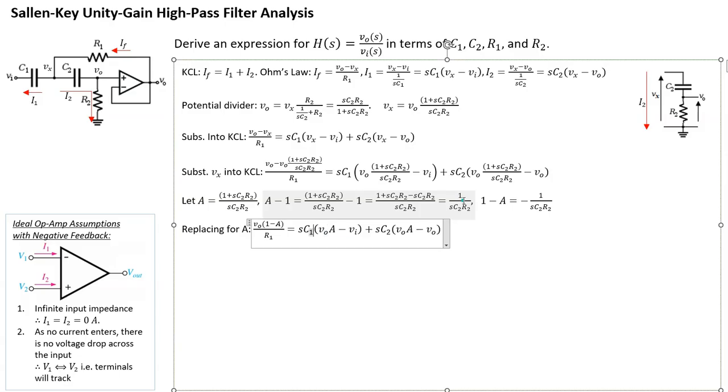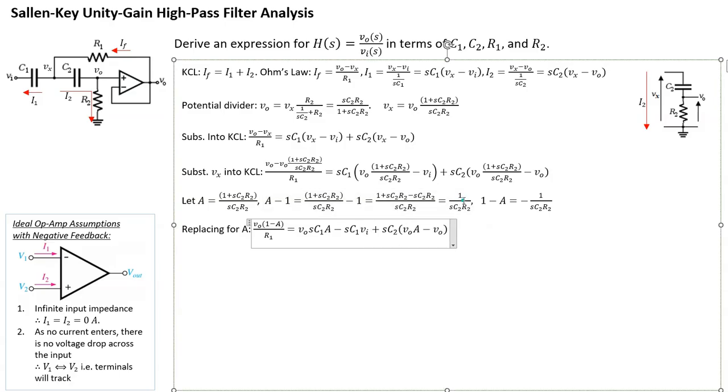It's just going to be SC1 VOA, so I put VO in the front, and then there's A, A. Minus SC1 times VI, that's the input part.